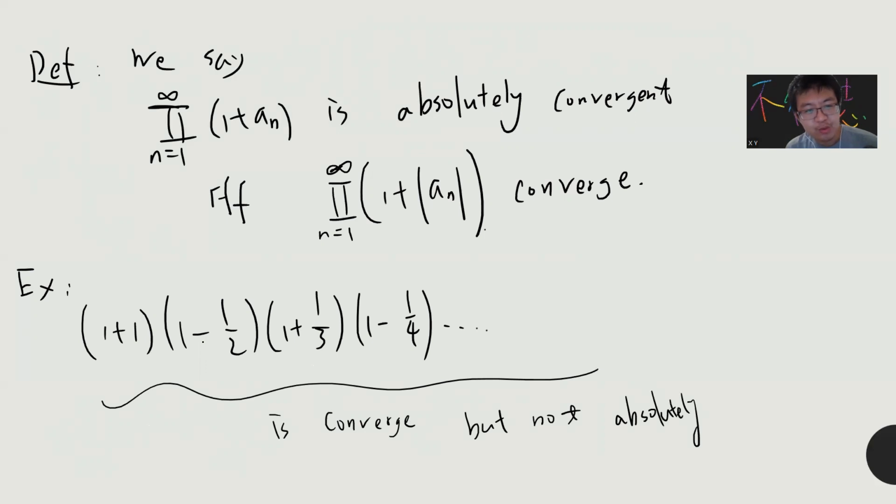You can prove that if you take all the signs to be plus, you can compute a partial sum and see that it's not absolutely convergent. I think it's not important, so you can try to prove it yourself. By the way, this one will converge to 1. You can try to prove it by yourself. It's an interesting exercise.